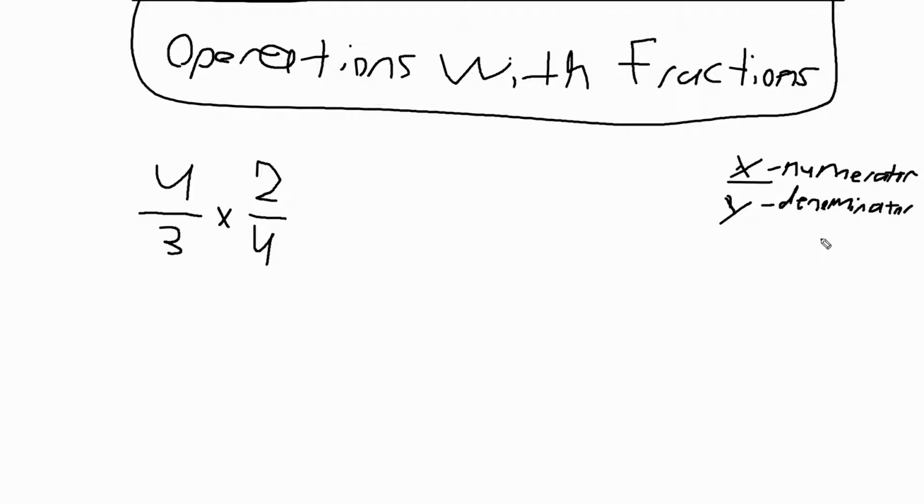Now you might be thinking, we need to get the common denominator again and do the same process but multiplying instead. But this is actually really easy. All we have to do is multiply the denominators, 12, and then the numerators, 8. So our answer is literally 8 over 12, or we could simplify it to make it 2/3.